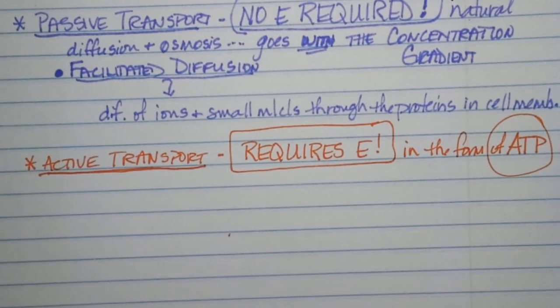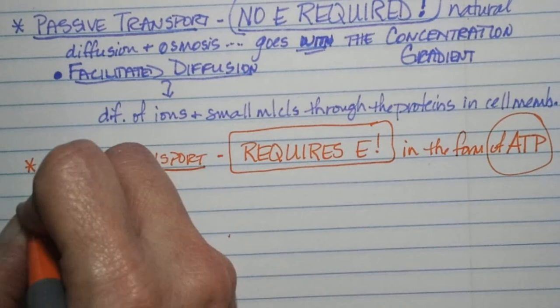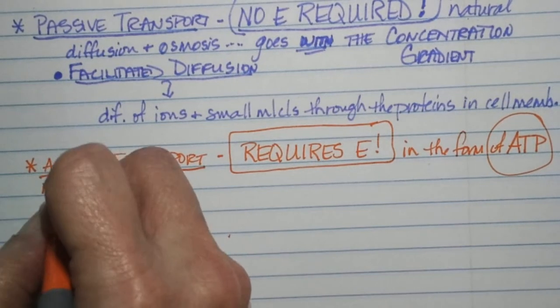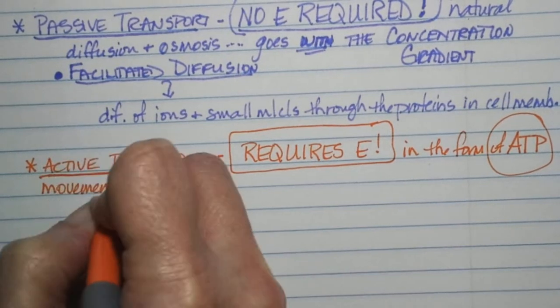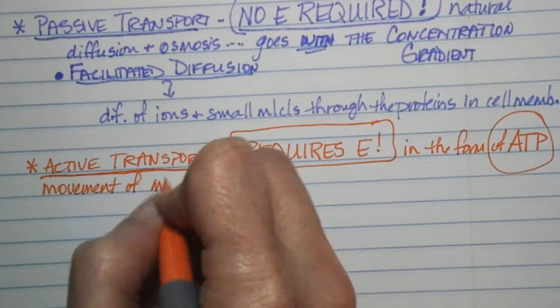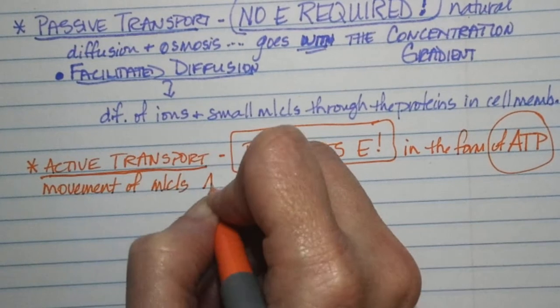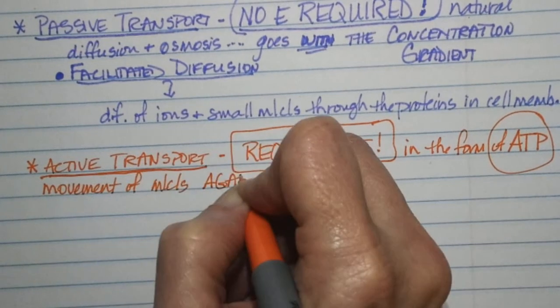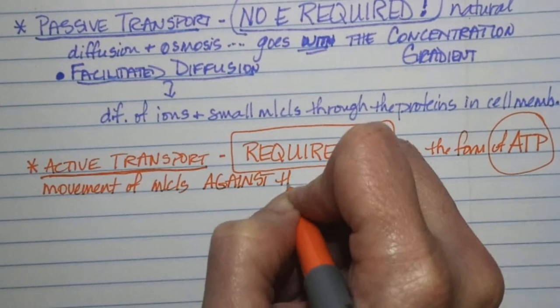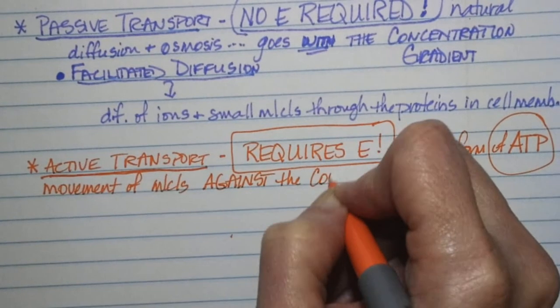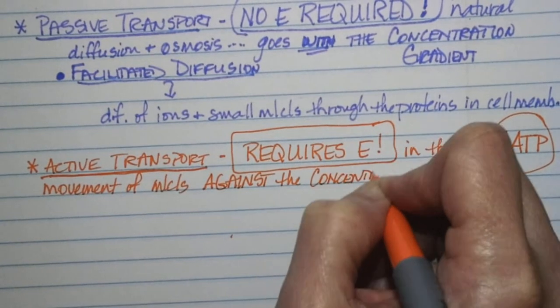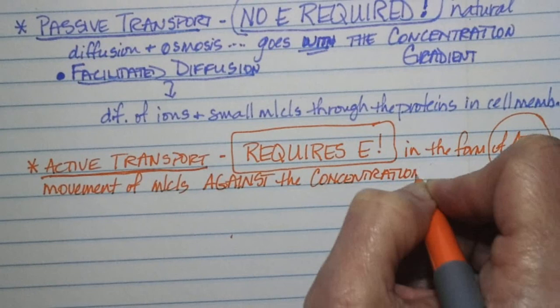So this is the movement of molecules against the concentration gradient. Gradient, I can't spell it now.